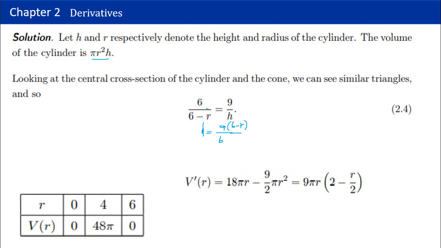So our h equals 9 over 6 times 6 minus r.